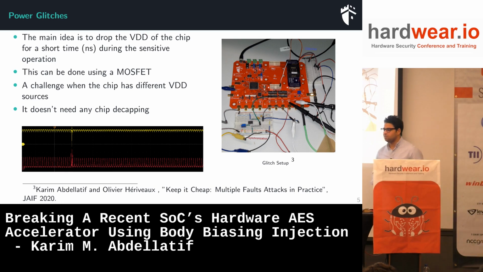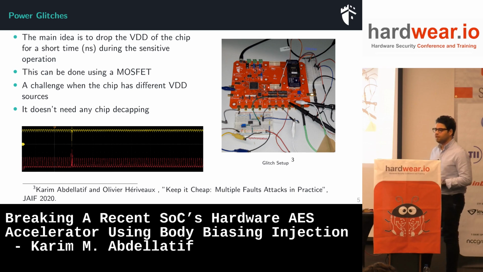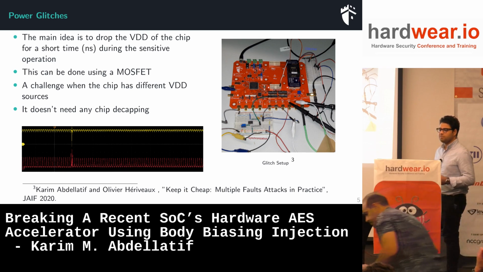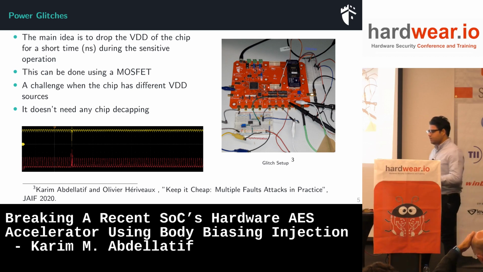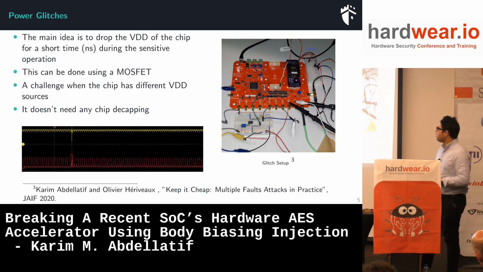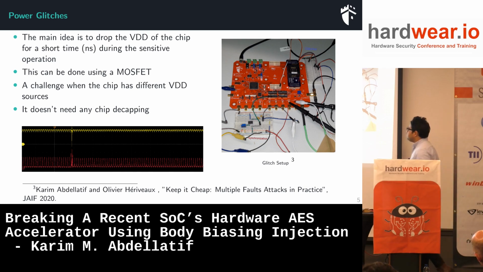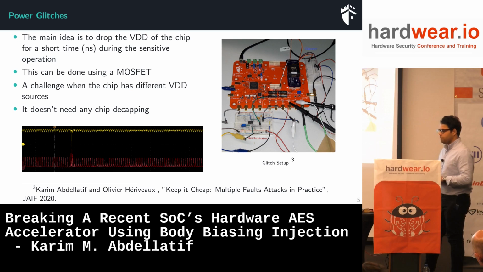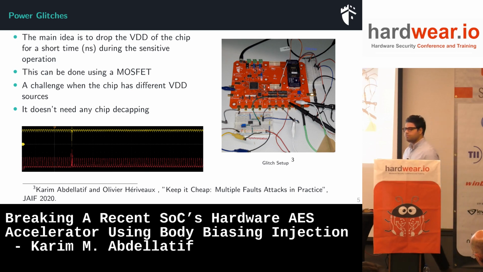Power glitches. Power glitch is considered one of the fault injection attack techniques. It's a very low-cost technique. You can implement it using a MOSFET, for example. The main idea is to drop the voltage level of the chip to a very low level. However, there are some challenges while performing power glitch attacks.